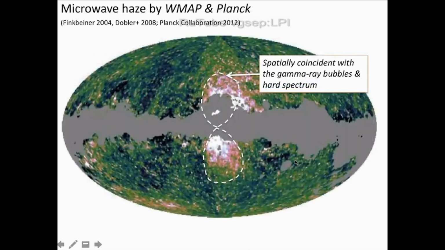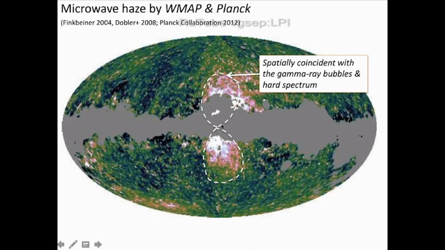And in the microwave band, we also observed some haze emission that's called the microwave haze. It was first identified by the WMAP satellite and then later confirmed by the Planck mission. So what was found is that after removing the galactic emission, there's this haze emission that's spatially coincident with the gamma ray bubbles.